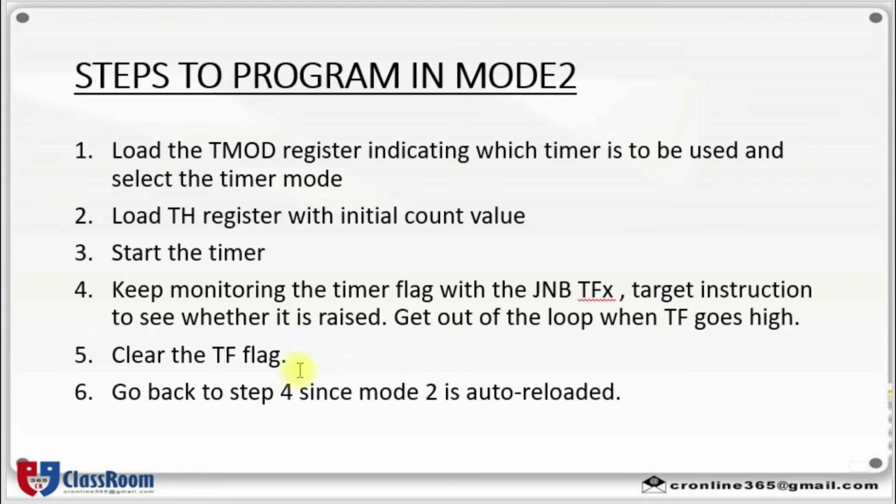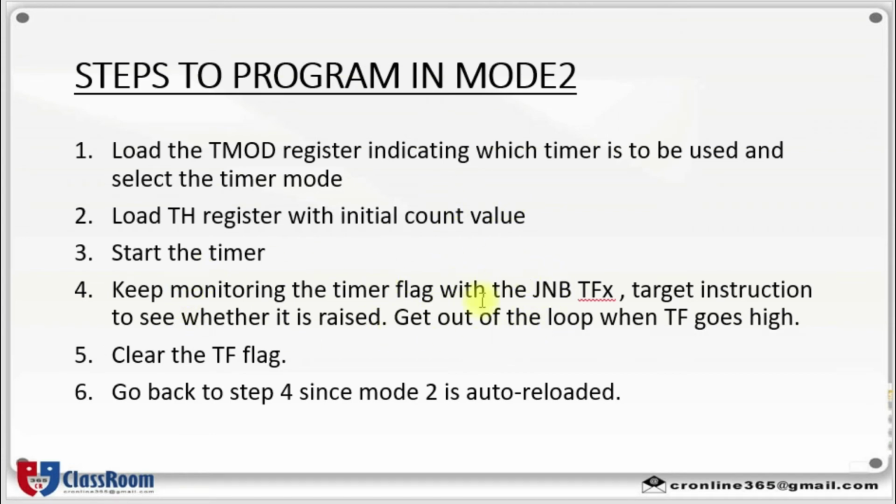Then you have to go back to step 4 only, since mode 2 is auto reload. We don't want to reload the values again. Since it is an auto reload mode, the timer itself will reload the value into TH and TL. So we have to keep monitoring this timer flag only.